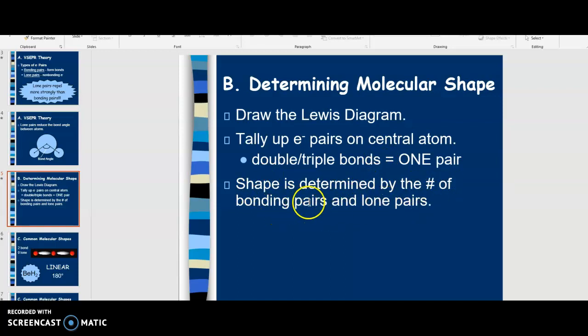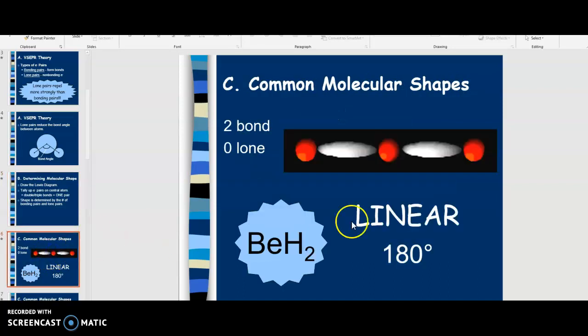When you're counting the number of bonds, a double or triple bond only counts once as a bonding pair. The lone pairs are the two dots on the central atom. Sometimes central atoms have more than one lone pair, usually two, sometimes three, but one or two lone pairs is common, and more than that is less common.